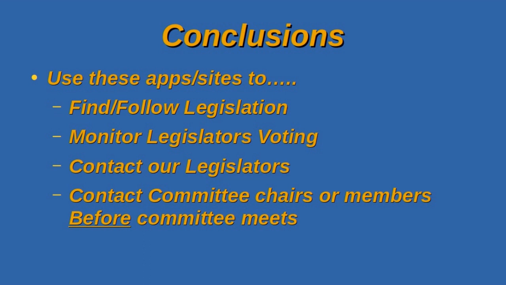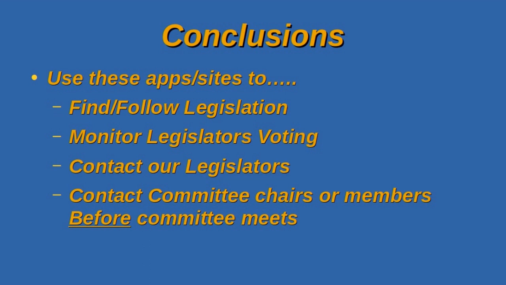So what are the conclusions after all this? First of all, there are applications and sites that we can use, and we've talked about them here, to find and follow those legislators who are part of our legislation. We can monitor the legislators, how they vote. We can find and follow legislation as it moves throughout the process.